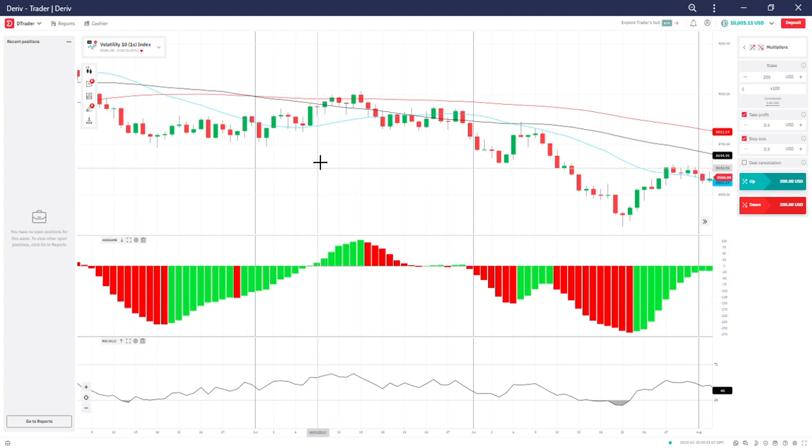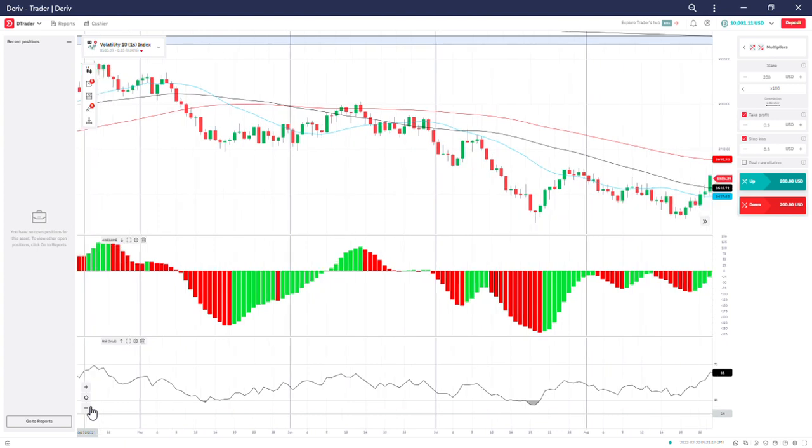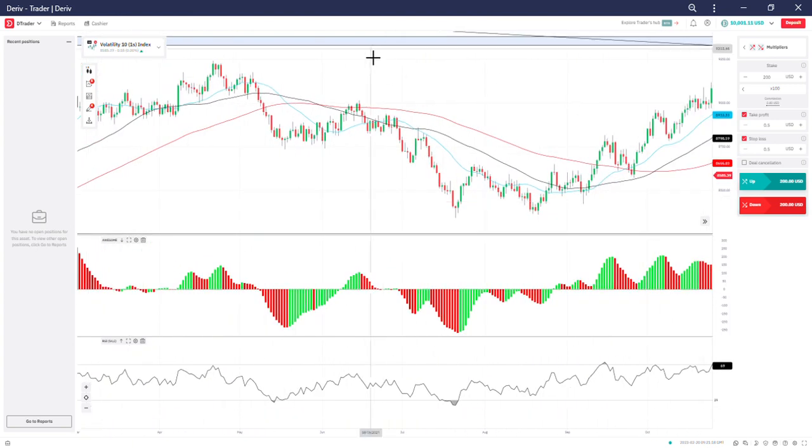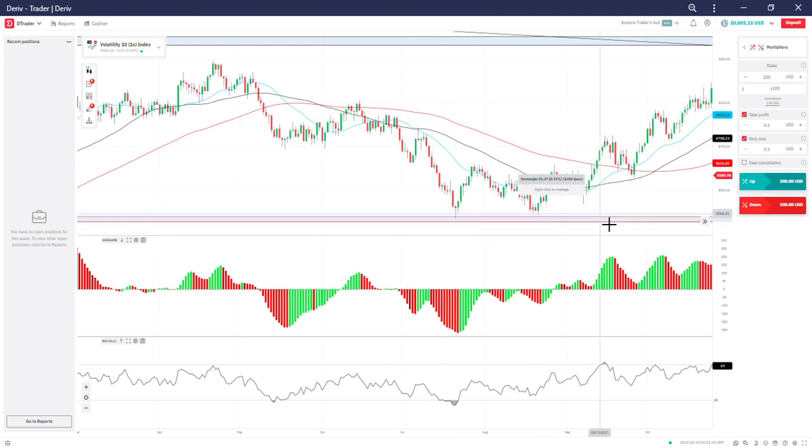So perhaps this one would not have given us a good long entry. What you are trying to do here is get into long market entries. One good market entry was this one. You see, the moment it intercepted from here, it gave us a good long entry. So this strategy works well on a ranging market.